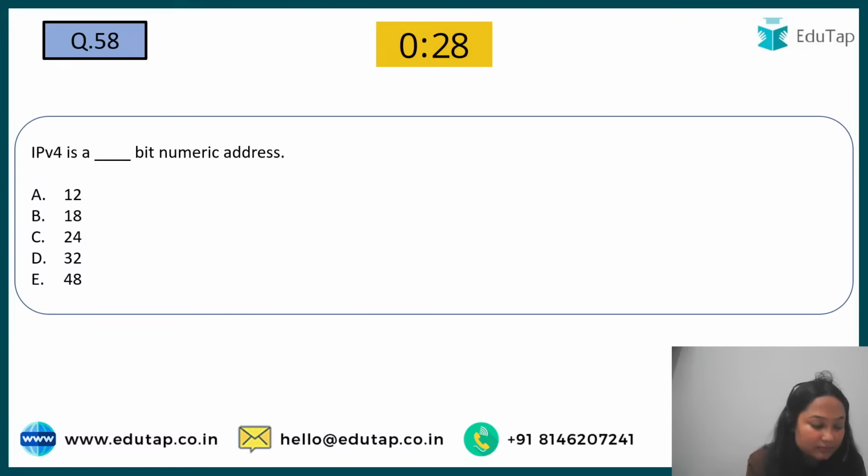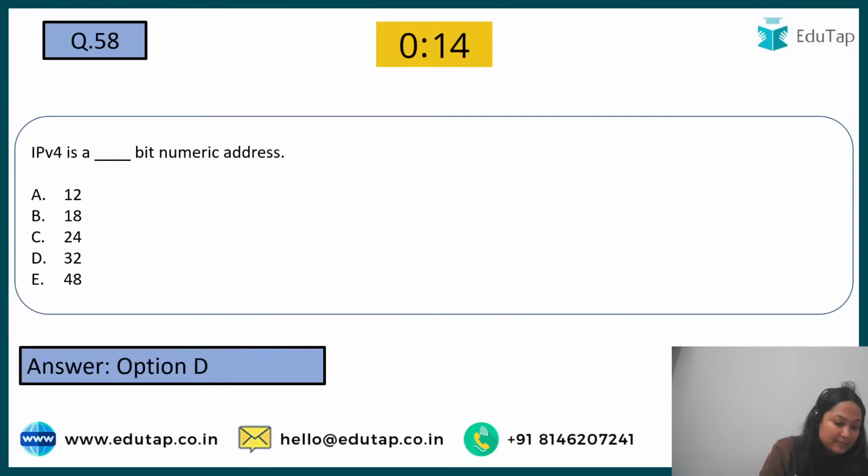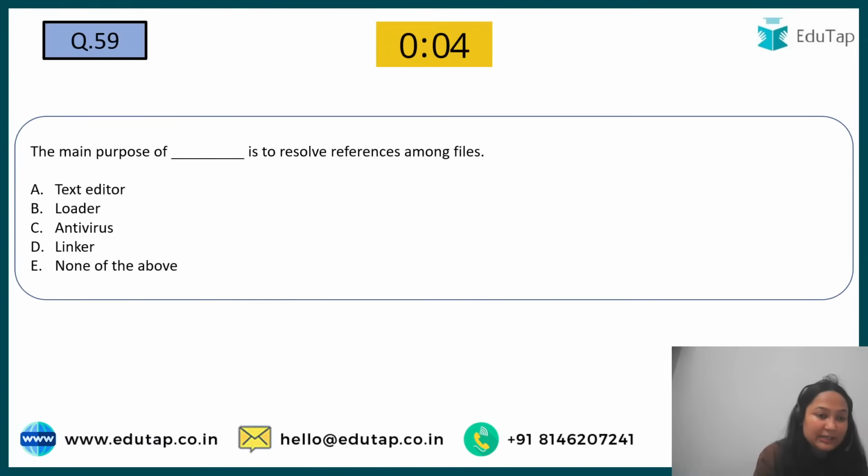Yes, I am getting answer mostly D. That is absolutely correct. Yes, Nilesh, you also told us about IPv6. 128 it is, and if you are talking about IPv4 that will be 32. This is something that you will have to remember.